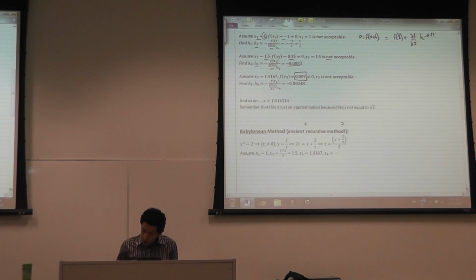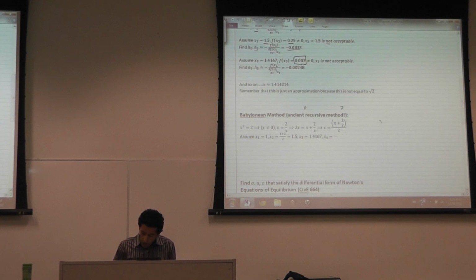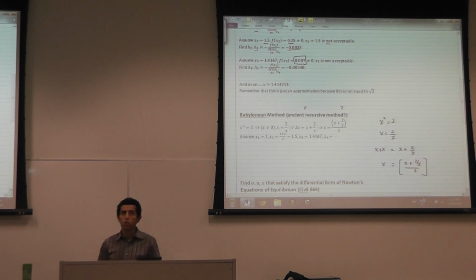So if you have x squared equal to 2, x is equal to 2 over x, x plus x is equal to x plus 2 over x, x is equal to (x plus 2 over x) over 2. Assume any value, put here the first value that you assumed, and find the new x.